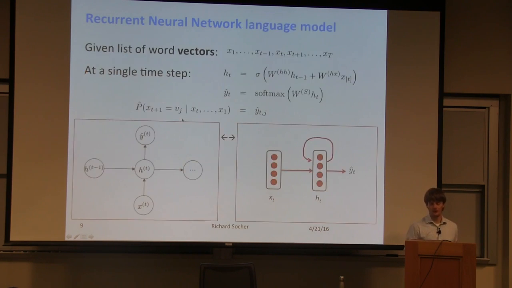So then we walk through a couple of different visualizations and the straight-up definition of this. So here we essentially assume for now that at every time step we have a word vector that we now can compute. And we will compute a hidden state here with a simple linear neural network, where we basically have hidden connections from the previous time step and the hidden-input connections with W superscript hx.